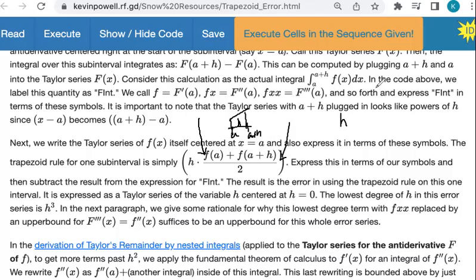In fact, in the code above, we just use the symbol f to represent f of a itself, and then we use the symbol fxx to represent f double prime of a. If I have an fx, that's an f prime of a.